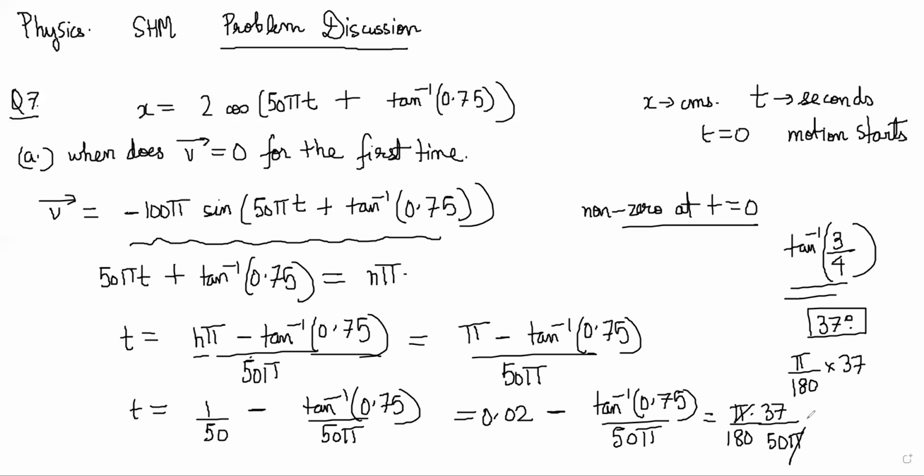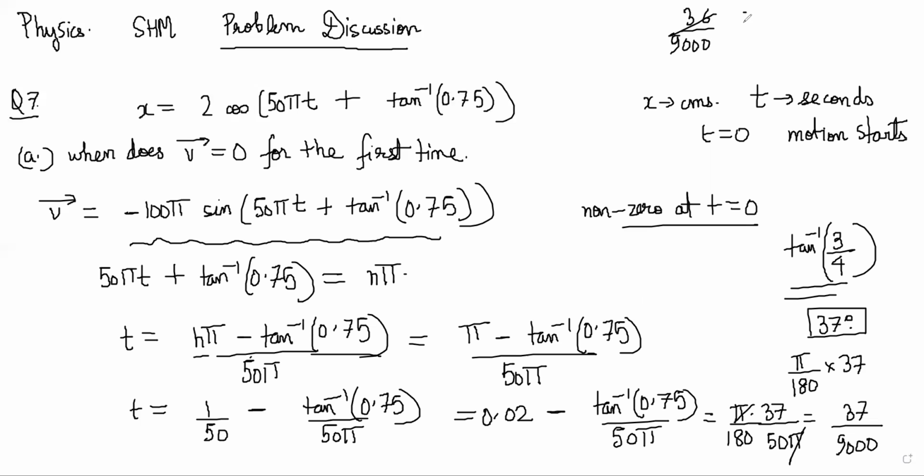So it is becoming 37 by 9,000, and you have to subtract that from 0.02. Let's say it is 36 by 9,000 instead.